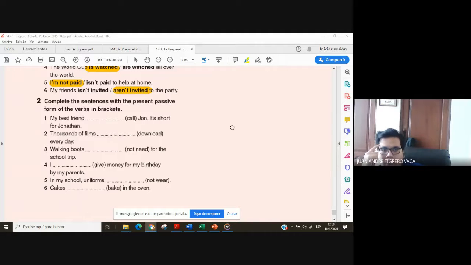Remember, whenever you are completing these sentences with present simple passive, you must use the verb to be. There's no other way. So in this one, you have to put am. I am given. Because if you just say I given, if you translate that into Spanish, it doesn't make sense.